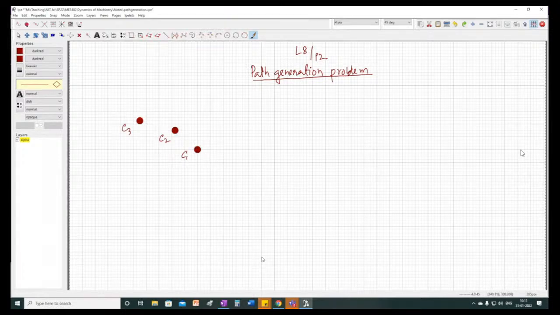What else is given here? This is a requirement: they must follow the path. Another thing given is the position of the O2 point. Suppose the position of the O2 point is given and it is here.